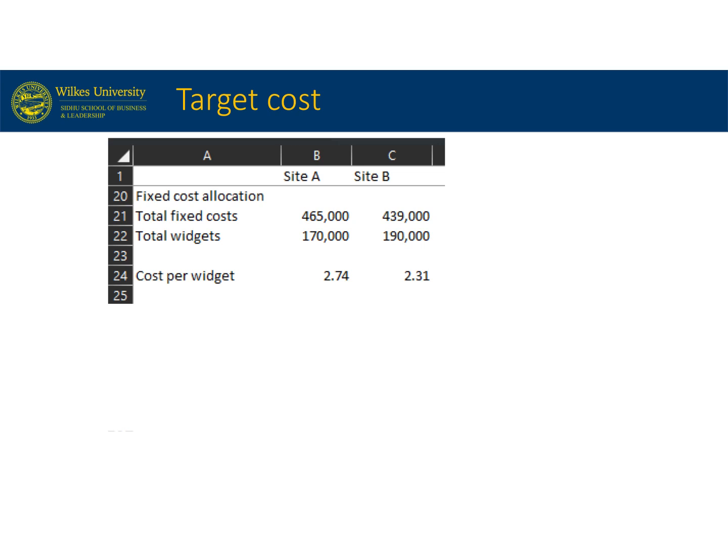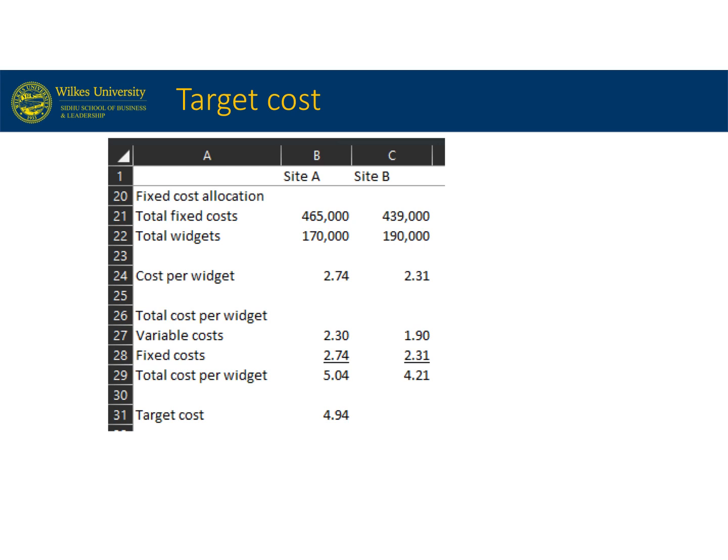Here, you see the total fixed cost and the total widgets. Dividing the cost by the number of widgets gives us the cost per widget. Site A has a fixed cost of $2.74, and Site B has a fixed cost of $2.31. Of course, that's per widget.